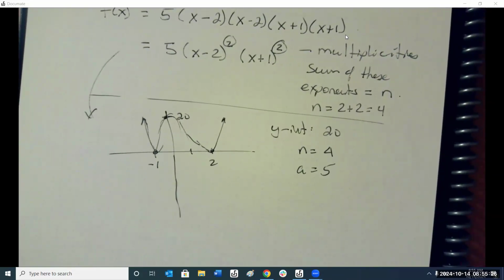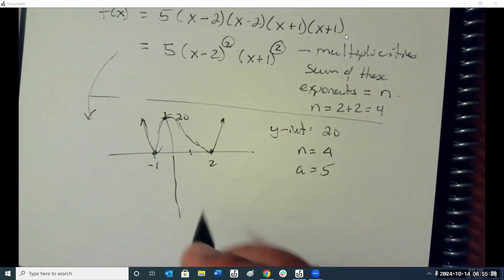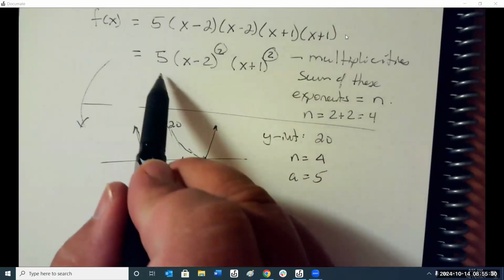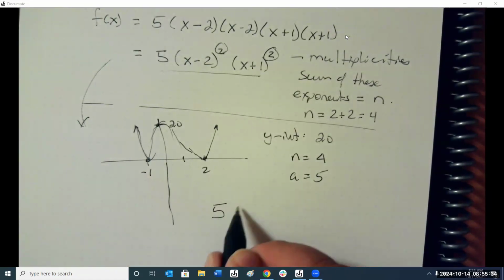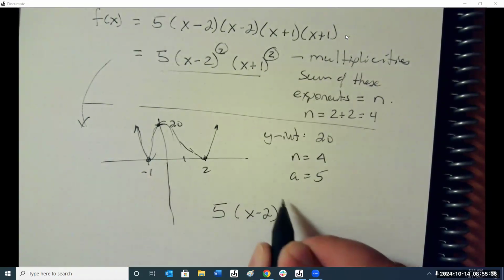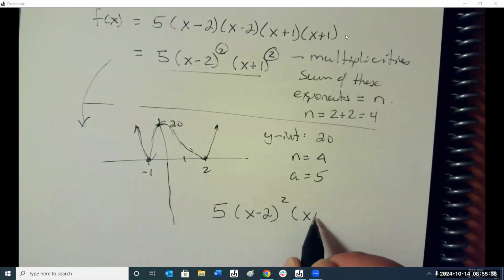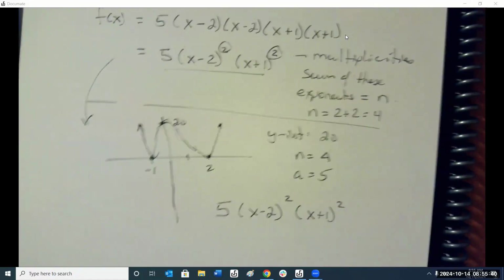How do I know that? Well, if we look at our equation, we had 5 times (x minus 2) squared times (x plus 1) squared.